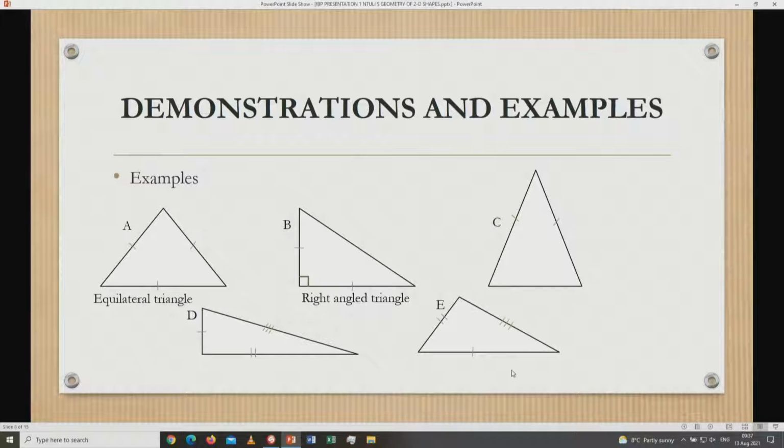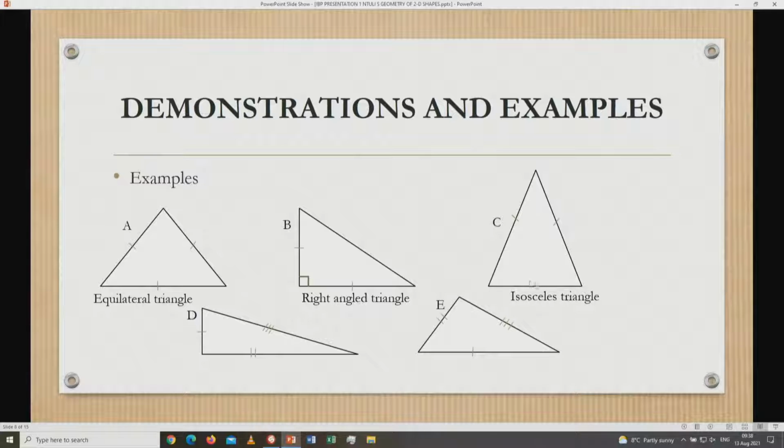Then number C, we have what we call an isosceles triangle. Why do we say an isosceles triangle? Remember, when we were busy with vocabulary there, guys, we said an isosceles triangle is a triangle that has got two sides equal. Two sides equal. How do we see that these two sides are equal? Because of the markings, again, guys, there is one tick there, there is also one tick there. Is there a tick on the base?